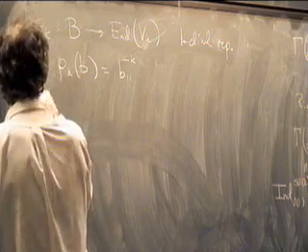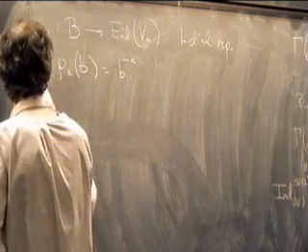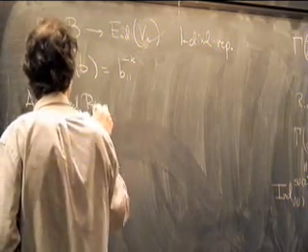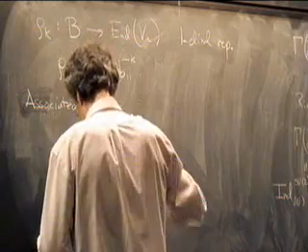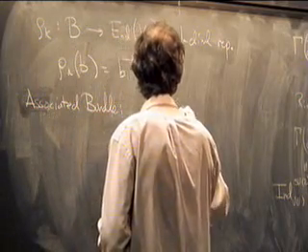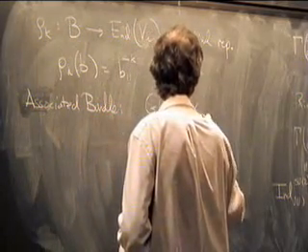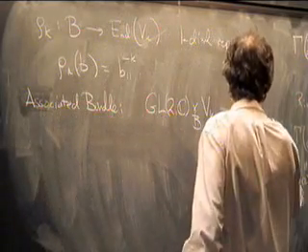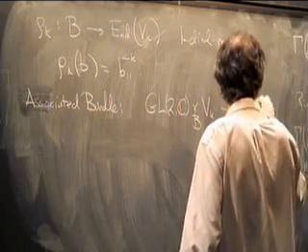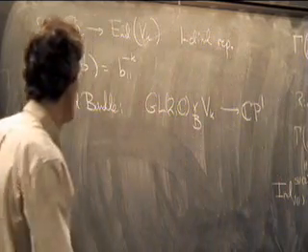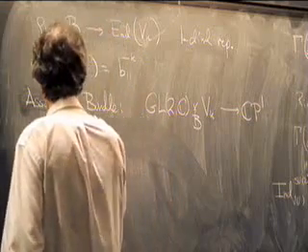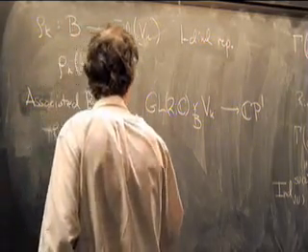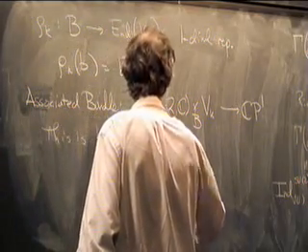And I can form the induced bundle, the associated bundle, GL2C crossed over B with V_k. That's a holomorphic line bundle. Everything inside is holomorphic. So that's going to be a holomorphic line bundle over CP1. And this is the hyperplane bundle to the kth power as a holomorphic line bundle.